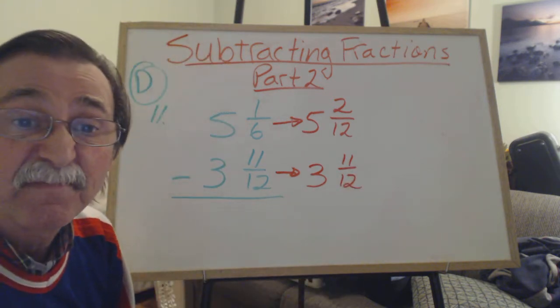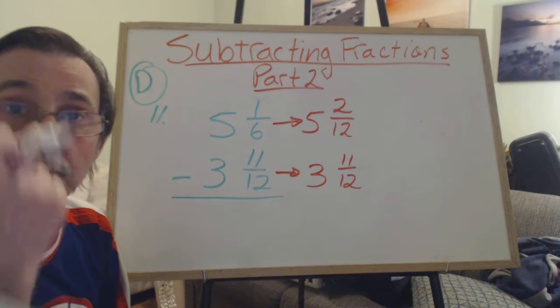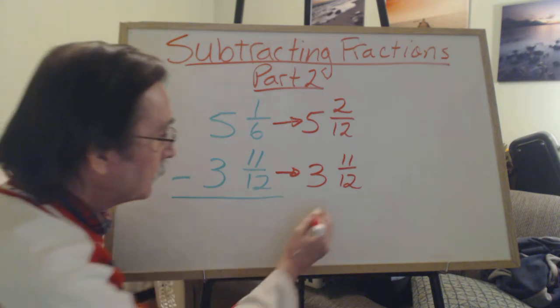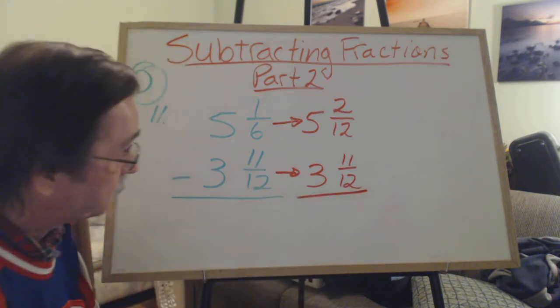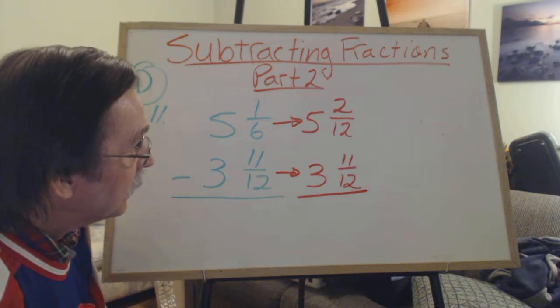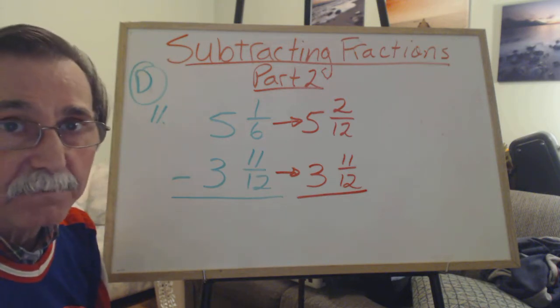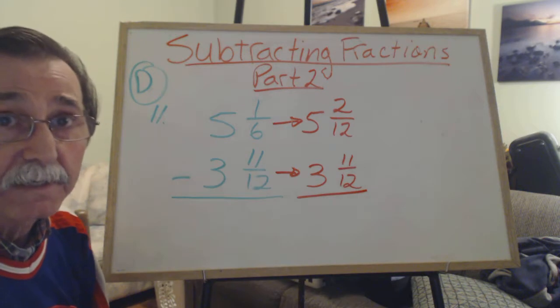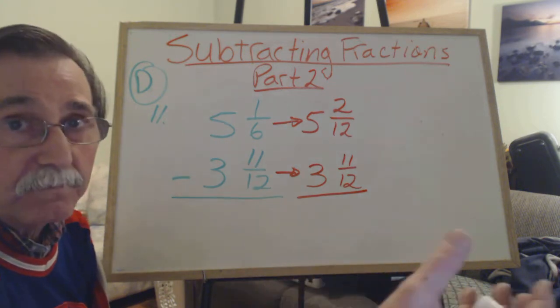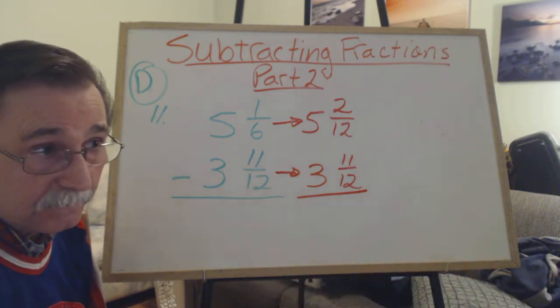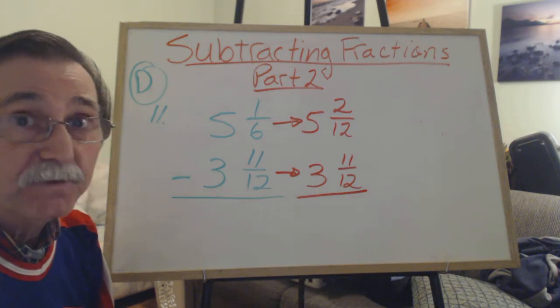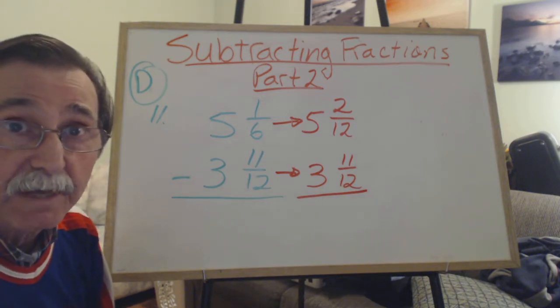Uh-oh. We've got problems here. At least I see a problem. If I have 2 of something and I want to take 11 away from it, there's no possible way I can do that.